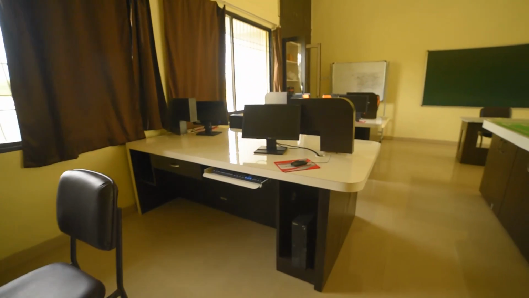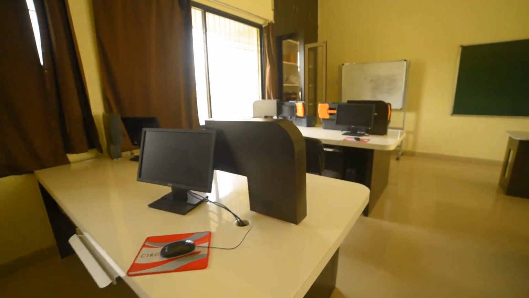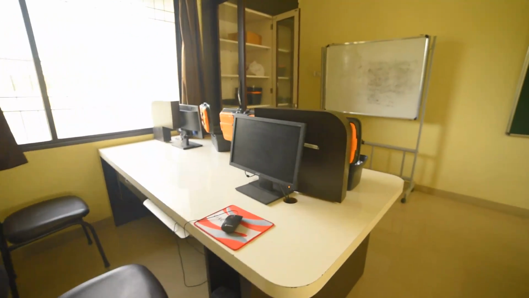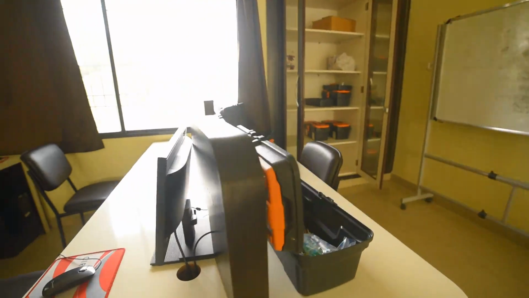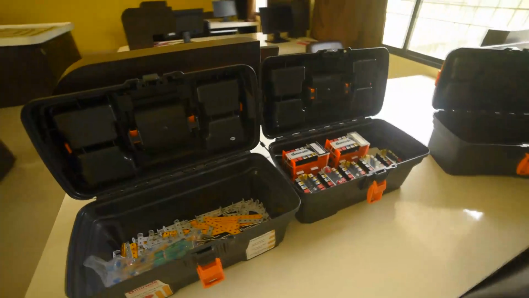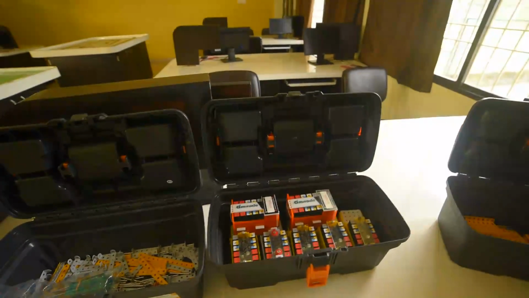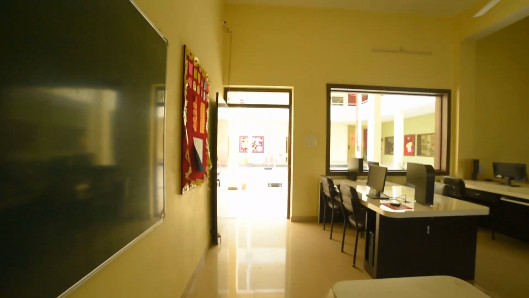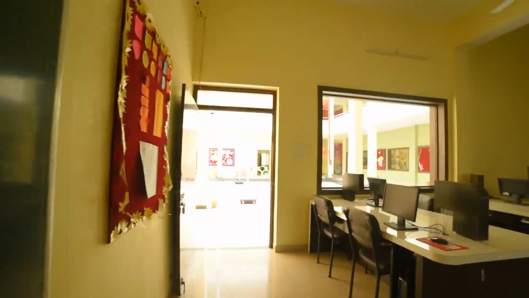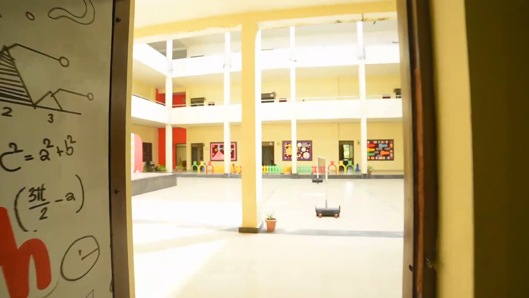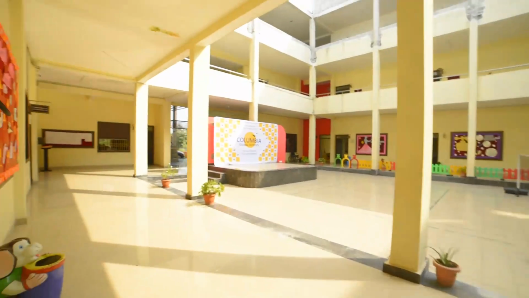In the bottom, in the end, you can see there's some sensorial workspace. And now these are few robotics kits that our students use. One kit is used by 3 children at a time. There's one expert always sitting and making them understand the robotics and the programming.